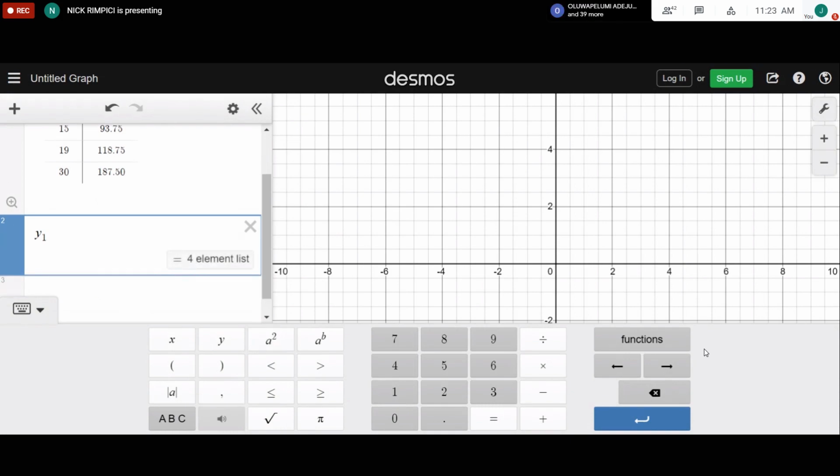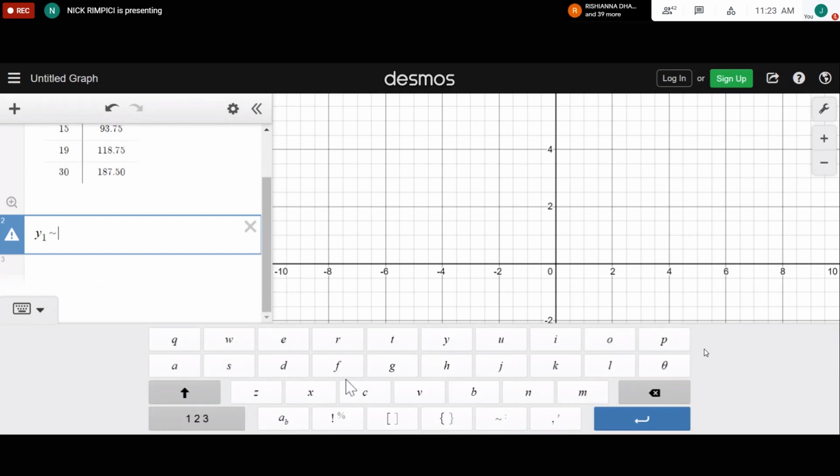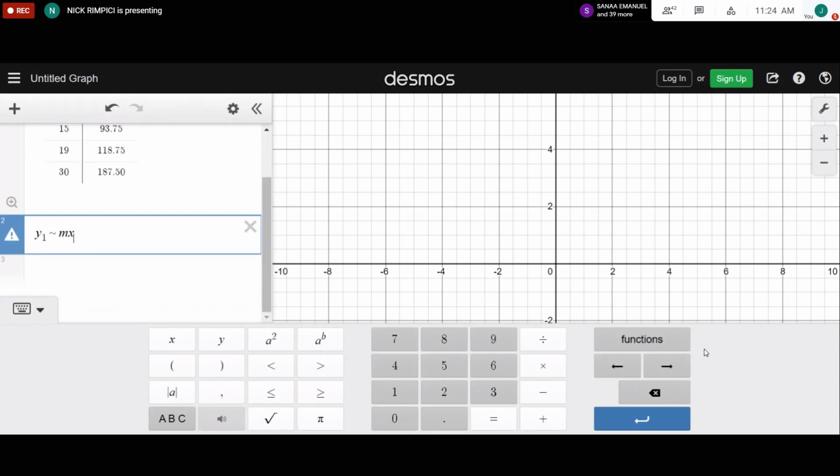Oops, I think it's this one. And then I'm writing the equation of a line, so it's mx plus b. So m times x sub one, because it went in sub one. And I can probably get away without writing the plus b. It's not going to matter here. I can get away with it, I believe. Let me see what happens if I put it in.